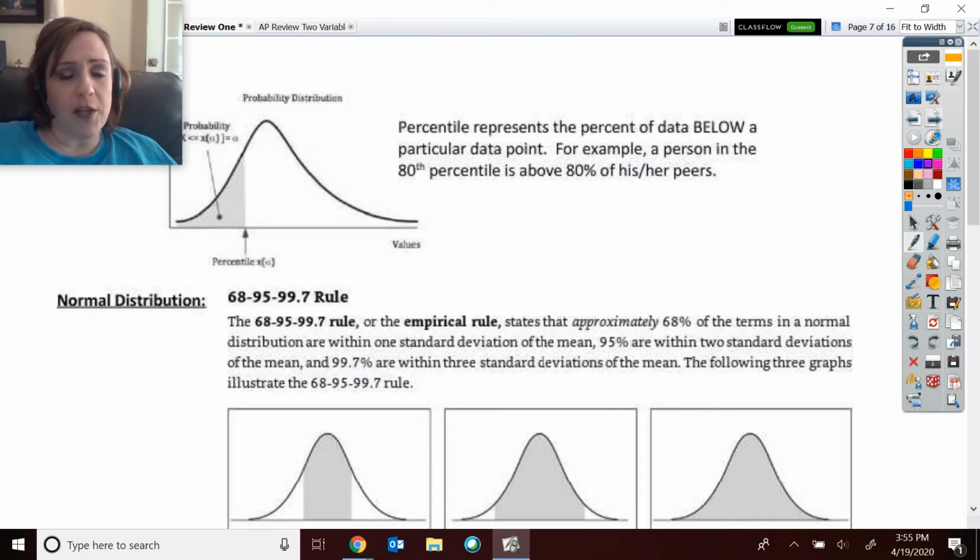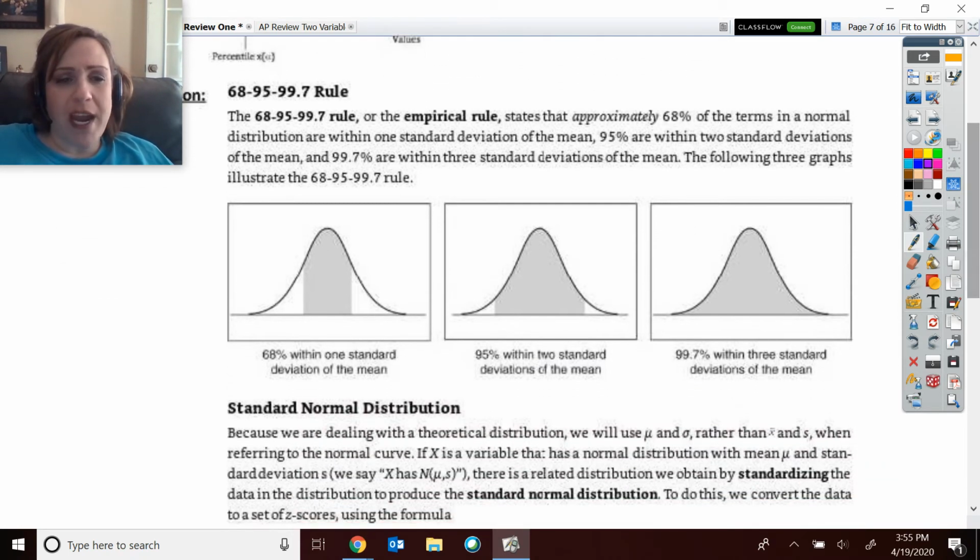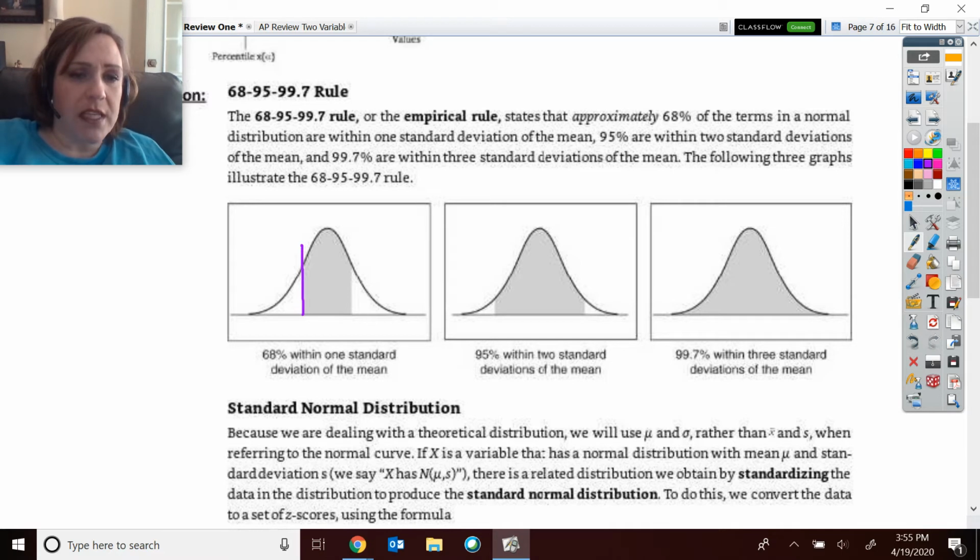All right, moving on. So here is our normal model stuff, which we've been doing a lot of. I don't have to go over this very much because we've practiced it a lot, but do remember that rule where we have the 68, 95, 99.7. Within one standard deviation is 68%.